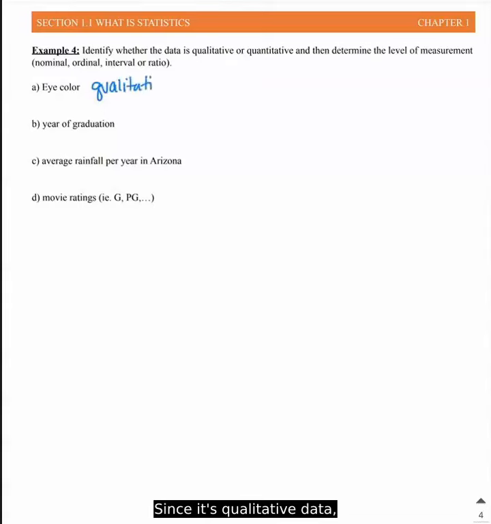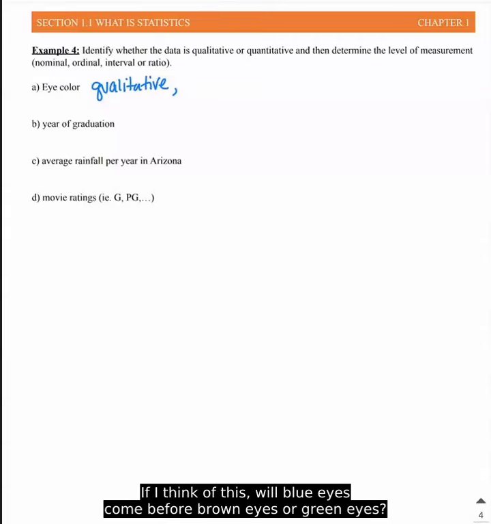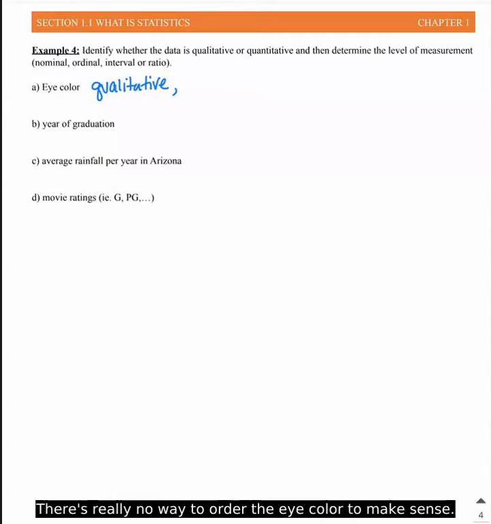And since it's qualitative data, this means it can only be nominal or ordinal. If I list them all out, we want to think, is there a way to really order them that makes sense? Would blue eyes come before brown eyes or green eyes? Not really. There's really no way to order the eye color to make sense. And so we would say this is just at the nominal level.